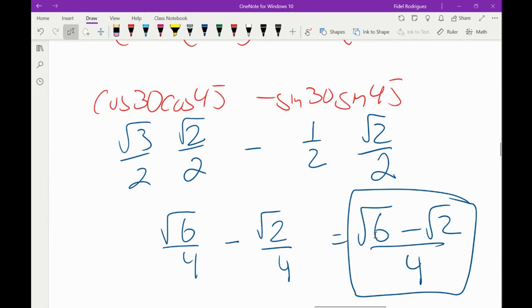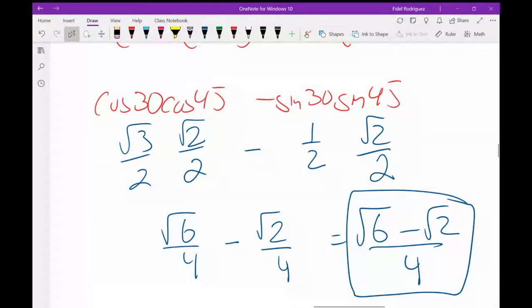And I'm going to come back and type in exactly what I got here as my answer, and we will check it out. So let me get my fraction. Square root of 6 minus square root of 2 over 4. Check it. And yeah, we got another.